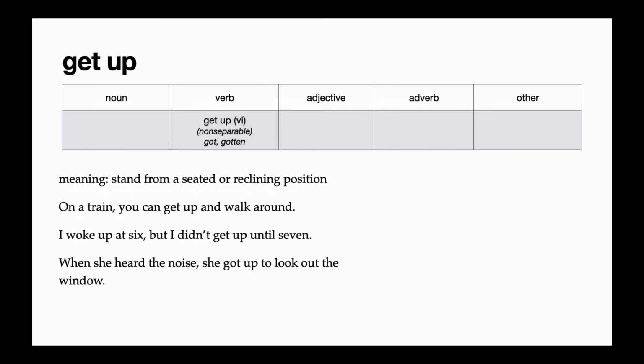And in the last example, when she heard the noise, she got up to look out the window. So in this sentence, you don't know if she was in bed lying down or if she was sitting at her desk. But in any case, she stood to look out the window. And remember that get is an irregular verb, so the past tense is got, and the past participle is gotten.